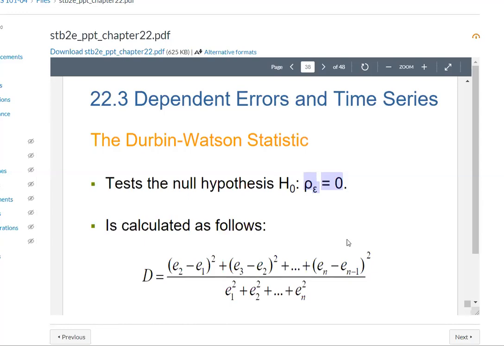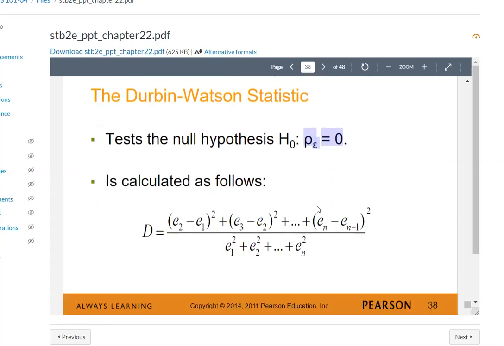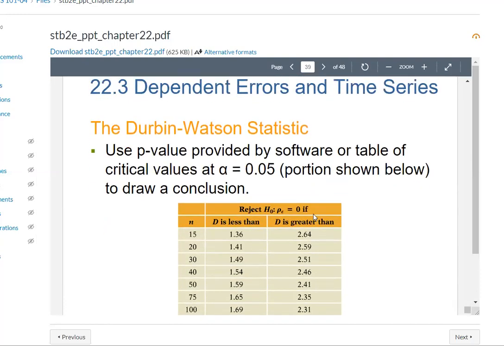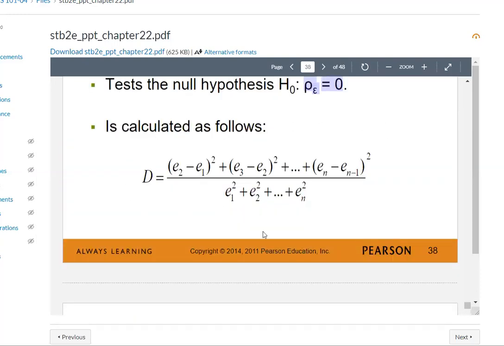So do we want correlation to be 0 or do we want it to be non-zero? We want correlation of residuals to be 0. So we don't want to reject H0, we want to fail to reject H0, right? Because we want to have independence. We don't want any correlations. So the formula is here. You will never have to use this formula for exams. Just know what the formula looks like.